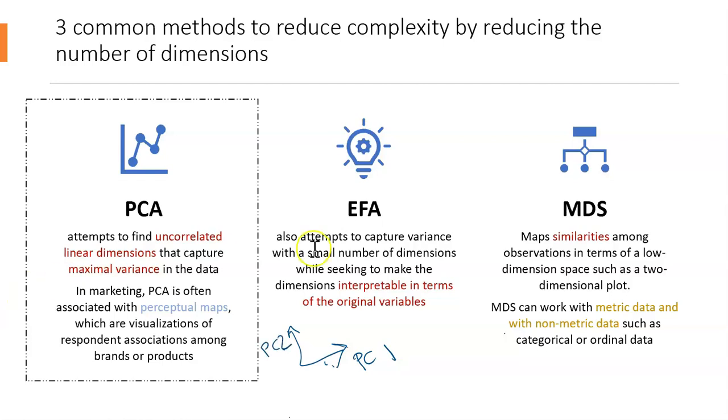Whereas EFA also attempts to capture variance with a small number of dimensions while seeking to make those dimensions interpretable in terms of the original variables, whereas in PCA we derive it using PC1 and PC2. MDS also maps similarities among observations in terms of a low dimension space such as a two-dimensional plot. However, MDS can work with metric data and with non-metric data such as categorical or ordinal data.